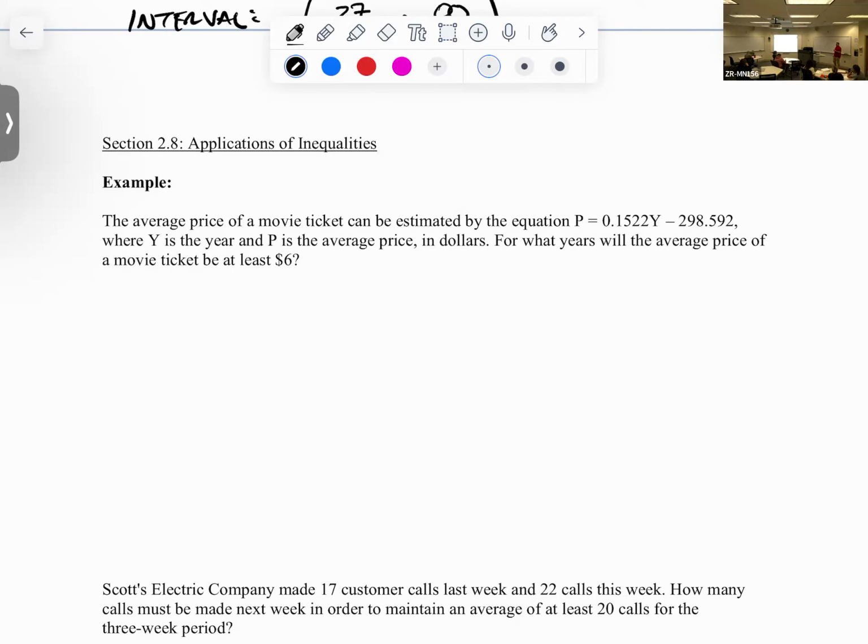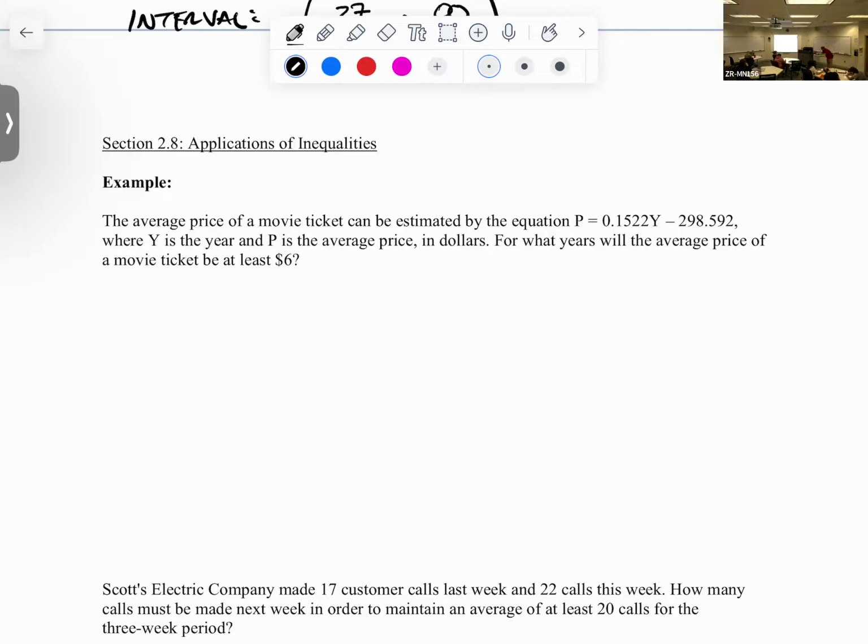But if it says at least, at most, up to, greater than, less than, all of those are direct ways of saying inequalities. Again, this is translation of English language into mathematics, so we have to pay attention to those types of wordings.